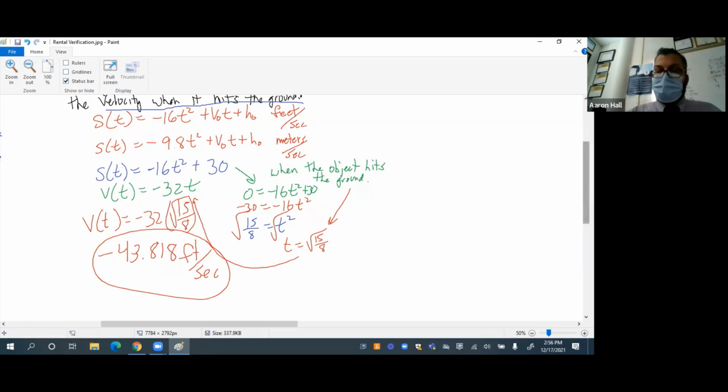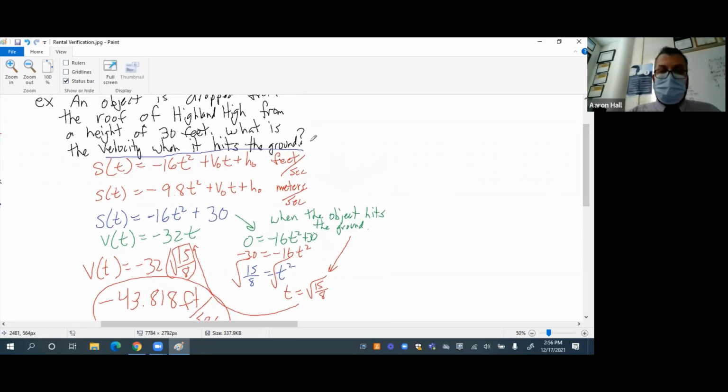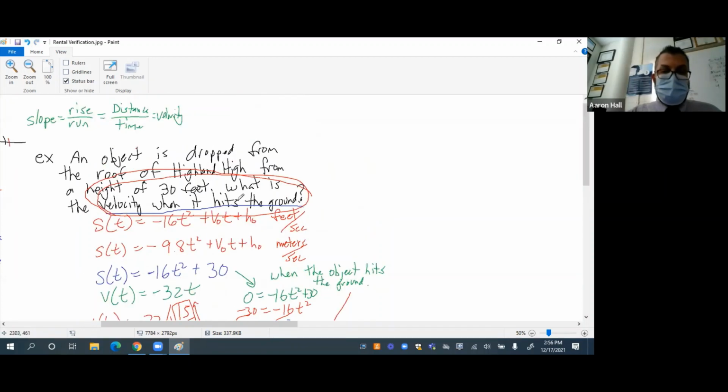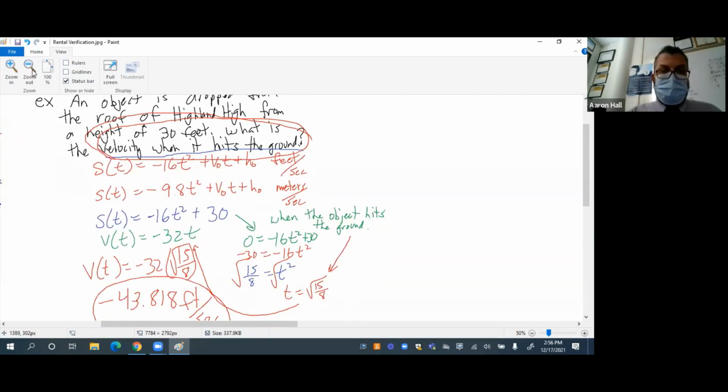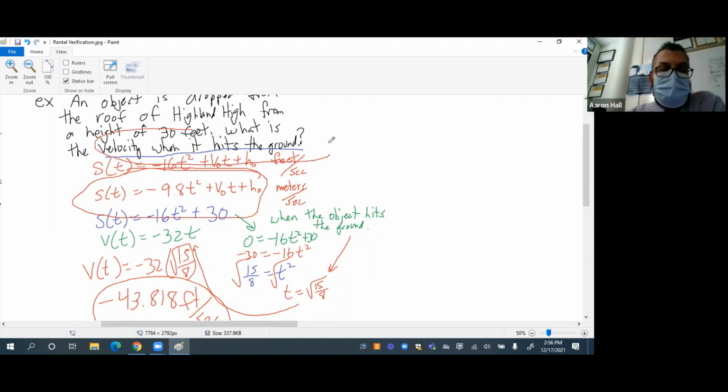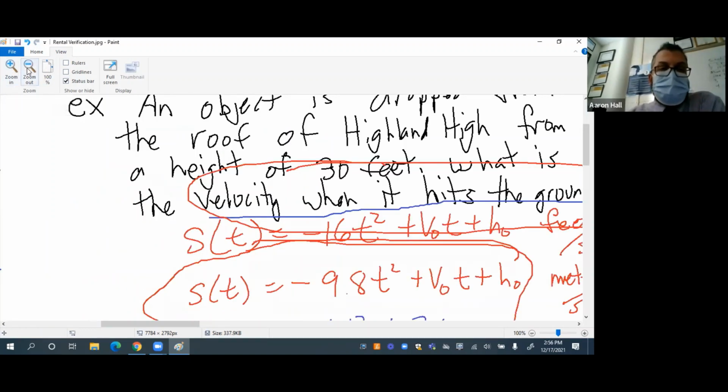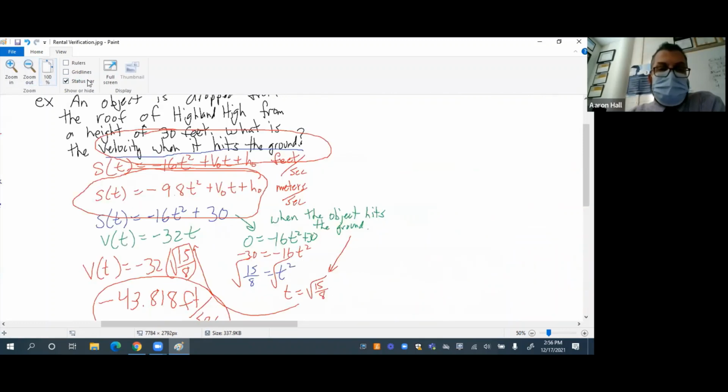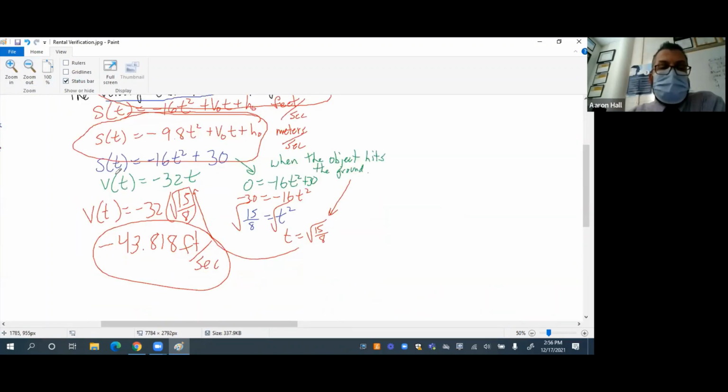So, Sasha, how did we go from this question, where we're given a position, and we found our position function, to find the velocity when the object hits the ground? We took the derivative, so that gave us the velocity, and then?